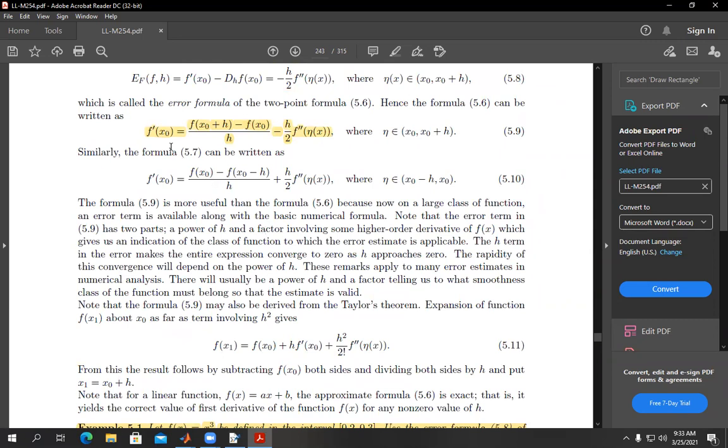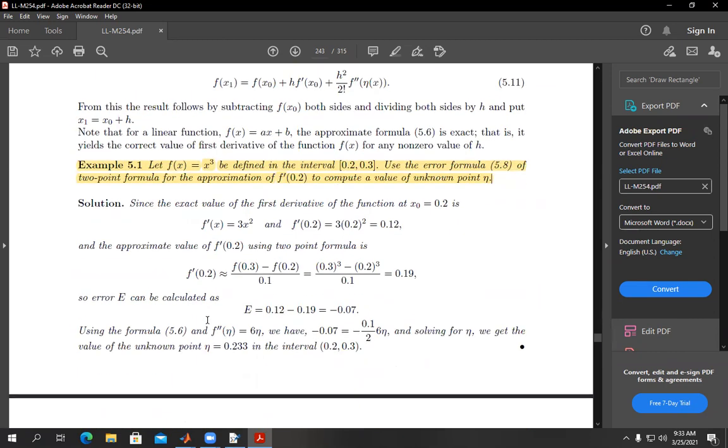It is this one, right? Use the formula for the approximation of f dash at 0.2 to compute the value of the unknown point eta.